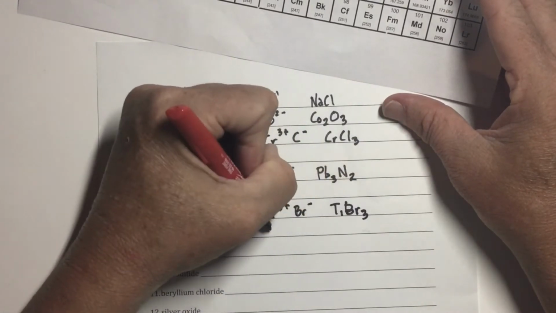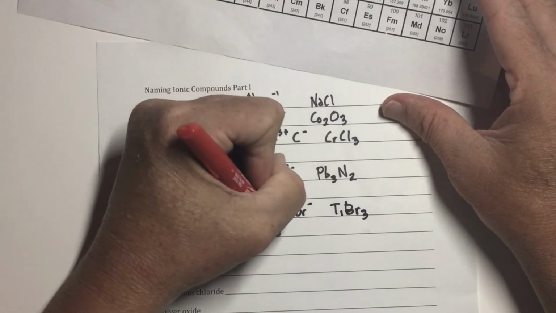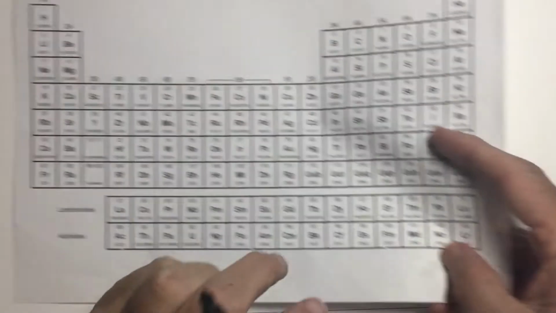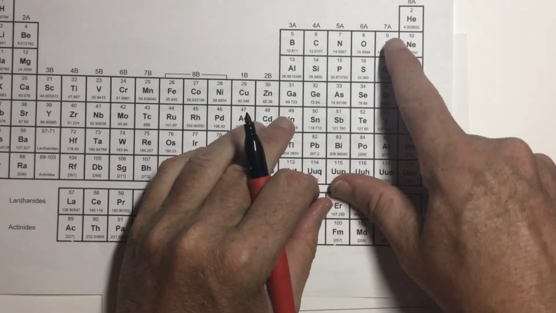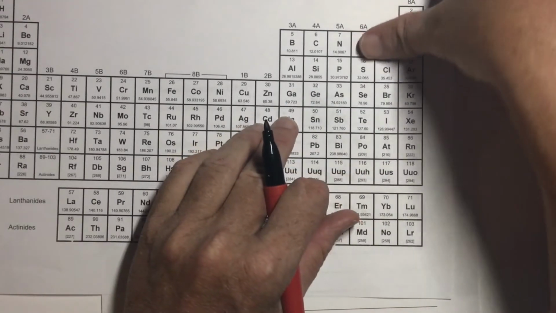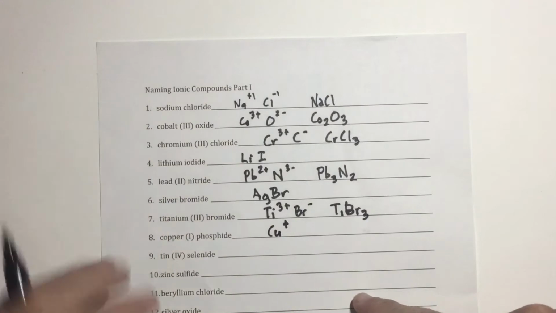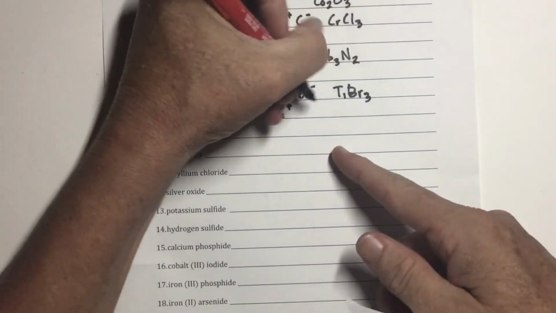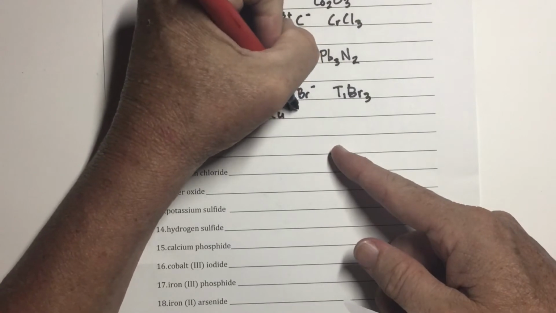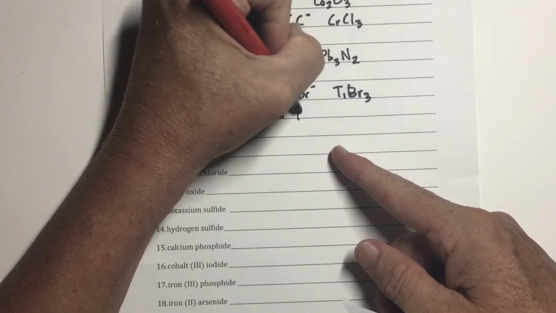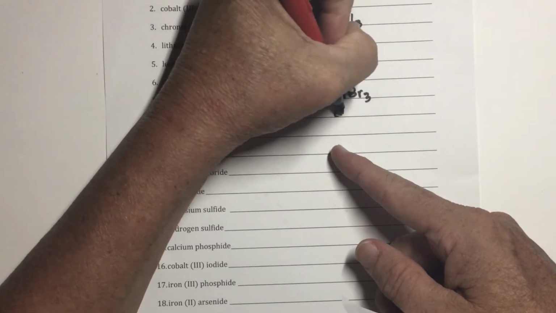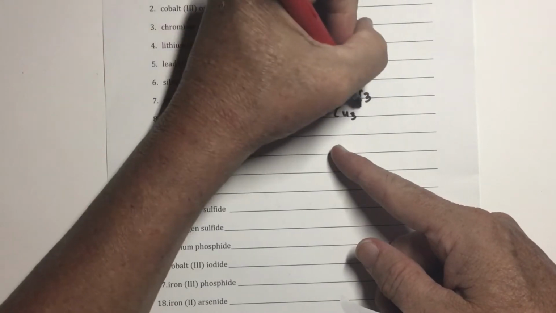All right, copper, Cu, has a charge of +1. What's phosphide got here? Well, there's phosphorus right there, so -1, -3. Phosphorus has a -3. So looks like we will have Cu3P.